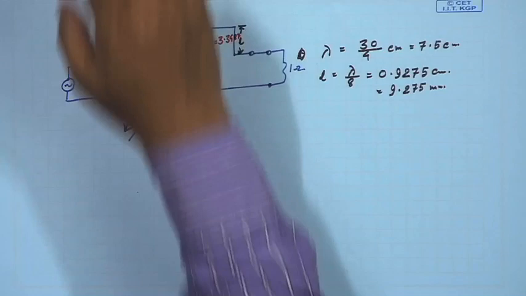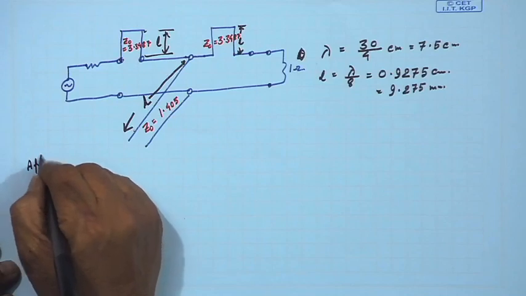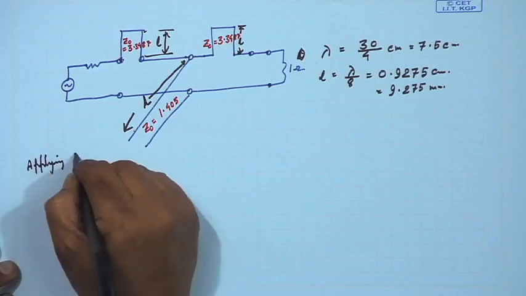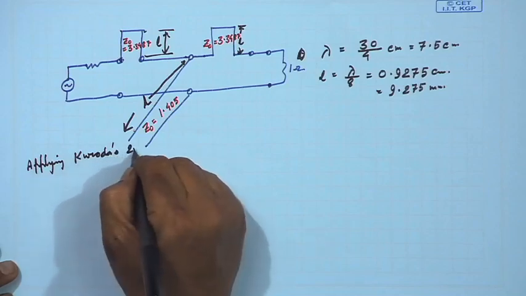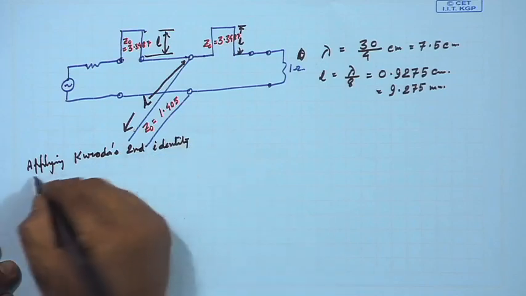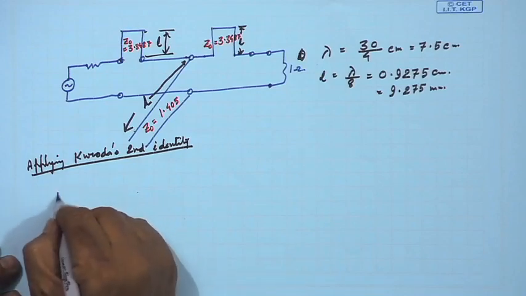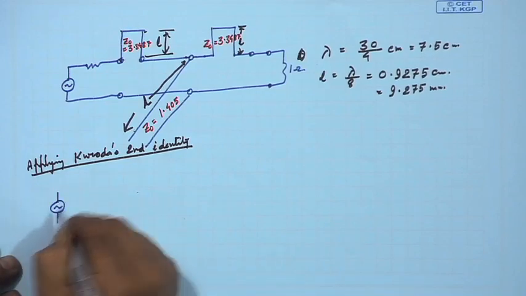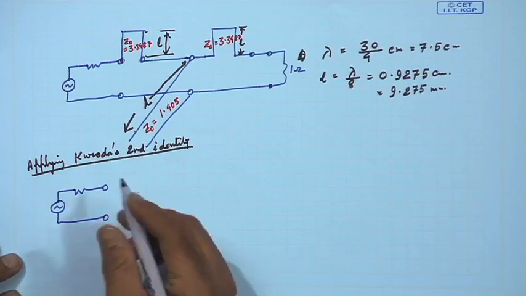So, applying Kuroda's second identity, this new circuit becomes, a very systematic procedure, this thing.